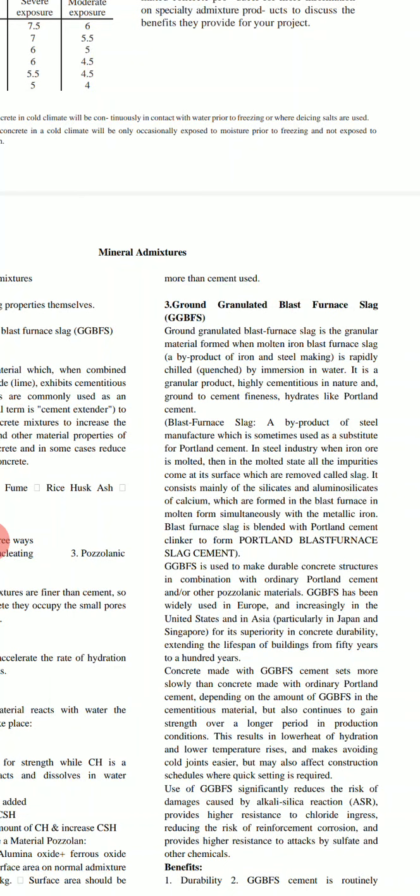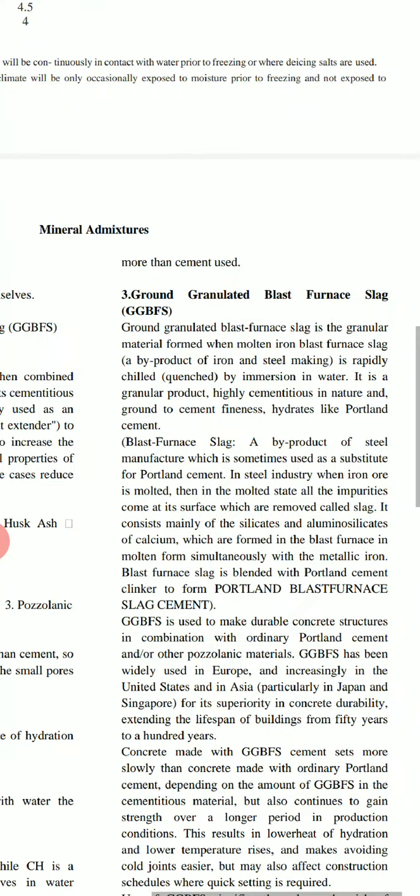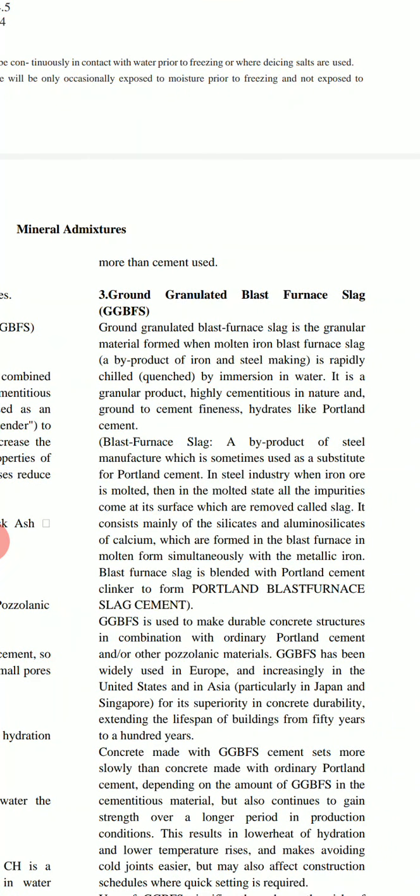When iron production is occurring, since we want iron for various purposes, manufacturing is done in a furnace, a chamber where high temperature is given to the material. The waste material left at the bottom of this furnace or chamber is called ground granulated blast furnace slag.